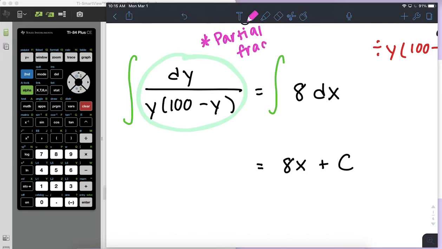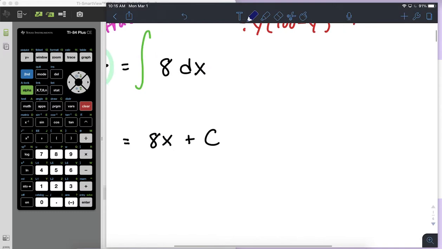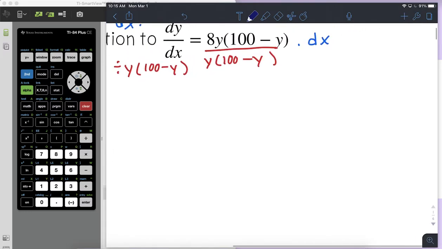I'm going to go off to the side to integrate this. Let's do this in a different color. Okay, so if we have the integral of dy over y times 100 minus y, I'm going to do partial fraction decomposition.